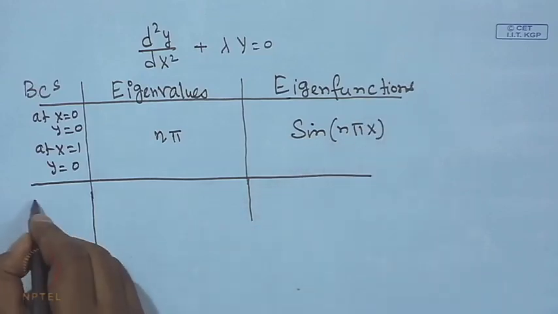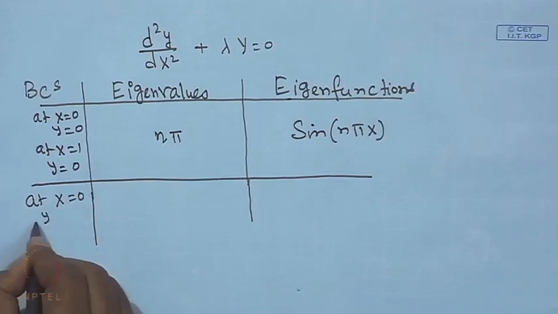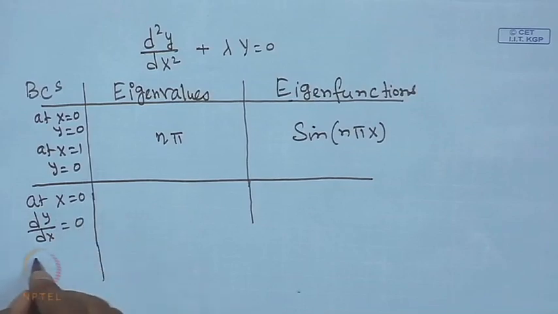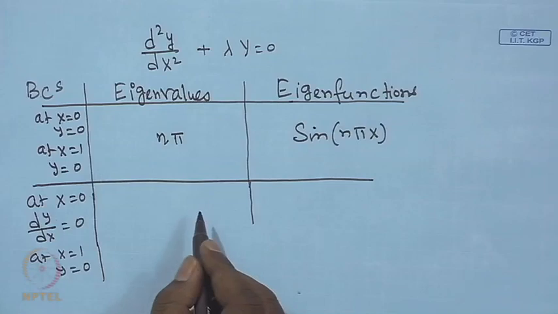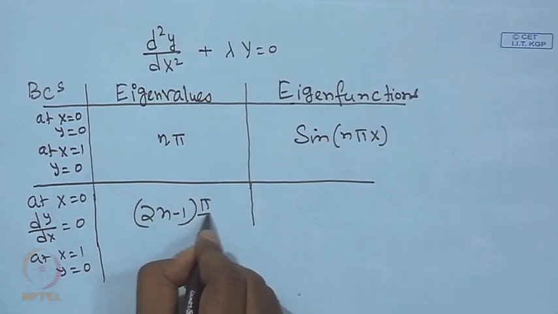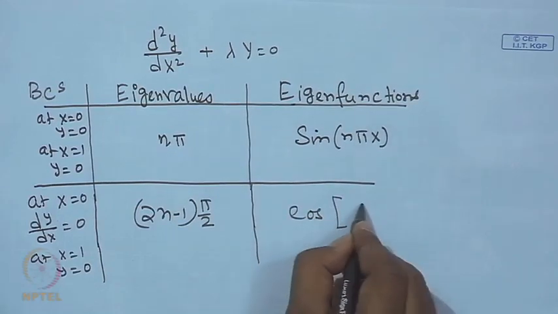If we had a Neumann condition at x is equal to 0, so it becomes dy dx is equal to 0, and at x is equal to 1, y is equal to 0, we have (2n minus 1) pi by 2 as the eigenvalues and cosine functions as eigenfunctions.